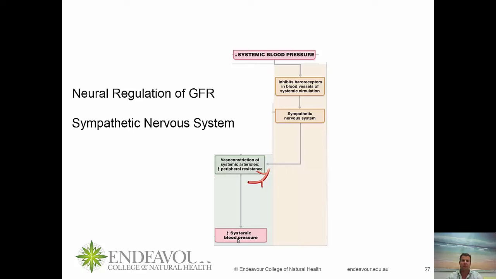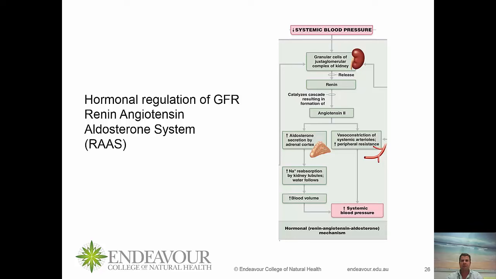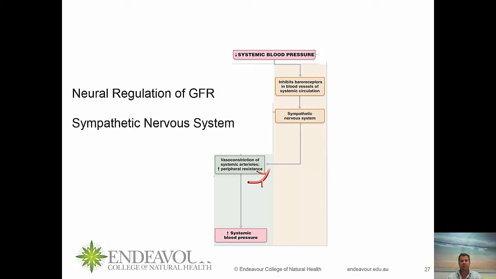So the big difference between the previous one, systemic blood pressure and hormonal regulation, and systemic blood pressure and neural regulation, is you'll notice that the neural and the hormonal mechanisms are not worried about returning GFR back to normal. They're worried about returning blood pressure back to normal.